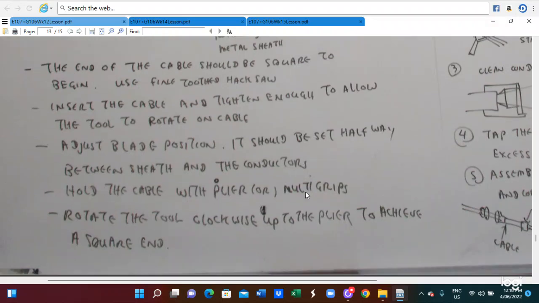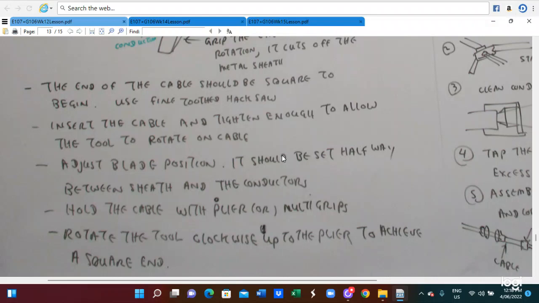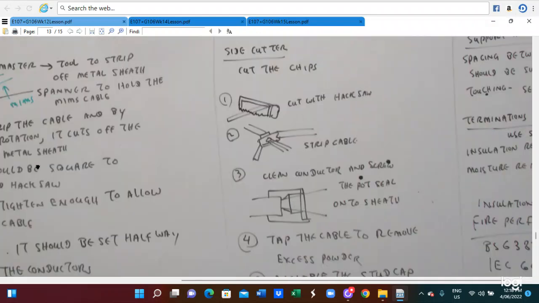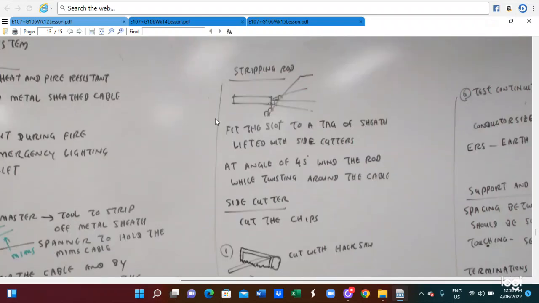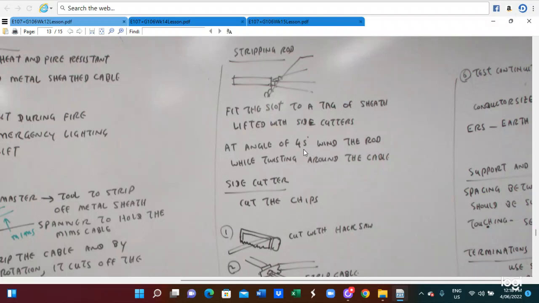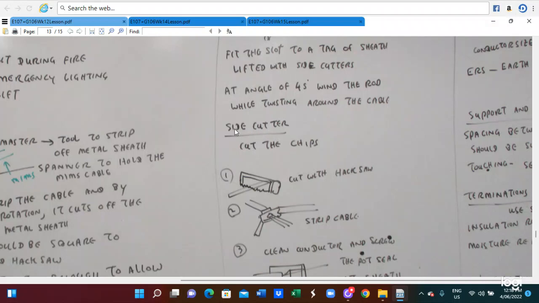Hold the cable with the pliers of the multigrips. Rotate the tool clockwise up to the pliers to achieve the square end. This is the function of the multigrip. Here we also utilize the stripping tool. Fit the stripping rod and take the sheath off with the side cutter at an angle of 45 degrees to the rod, while twisting around the cable. Here is the side cutter.